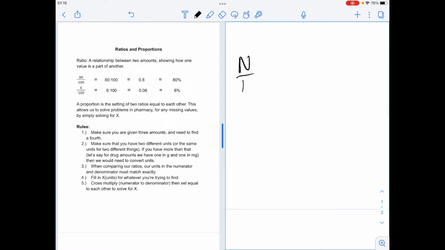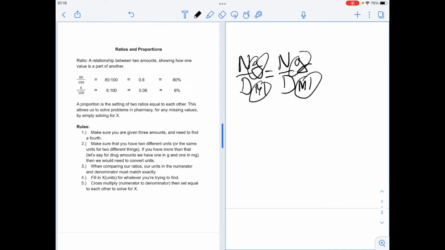Numerator over denominator equals numerator over denominator. And then we want the same units in the denominator. And let's do grams at the top. So grams. So we want like units. So here we have the same units for our numerator and then the same units for our denominator.